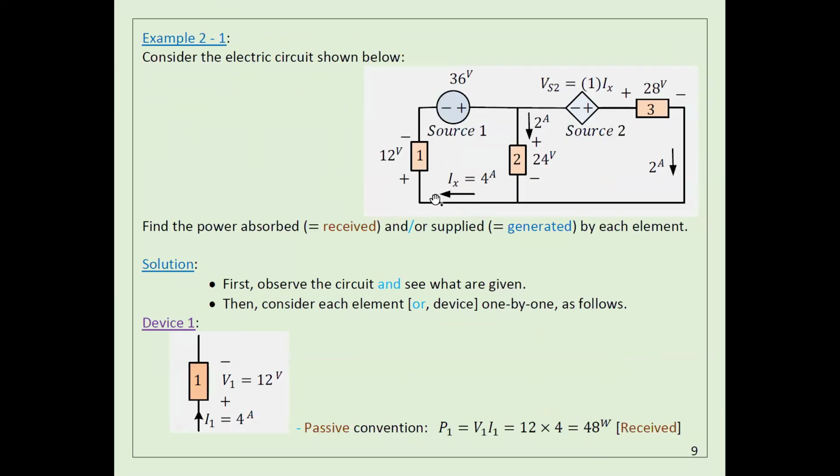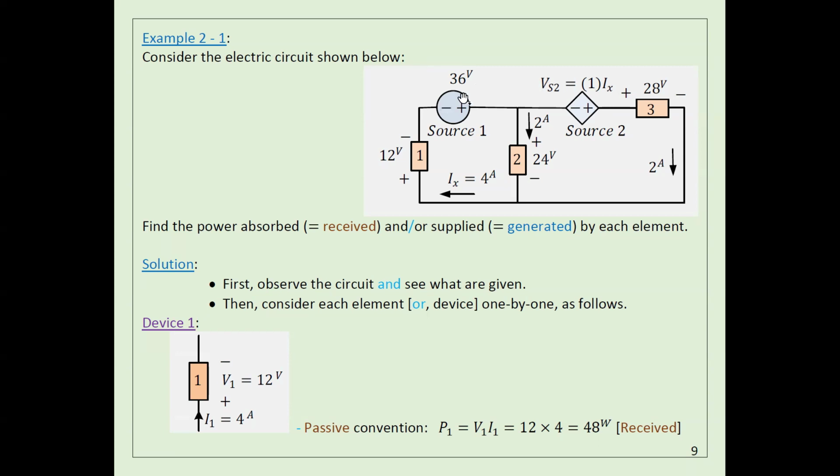I think I gave you this example last time. So here in this example, as I told you before, power is actually V times I. Okay, and power is either consumed by some elements or generated by some elements, and the total generated power should equal the total consumed power. Okay, makes sense? So here you have this source and this source.